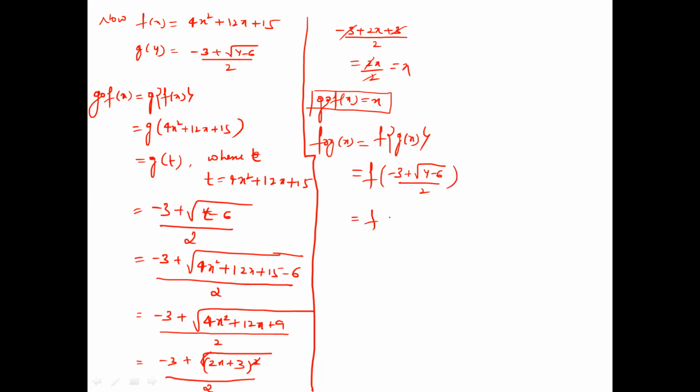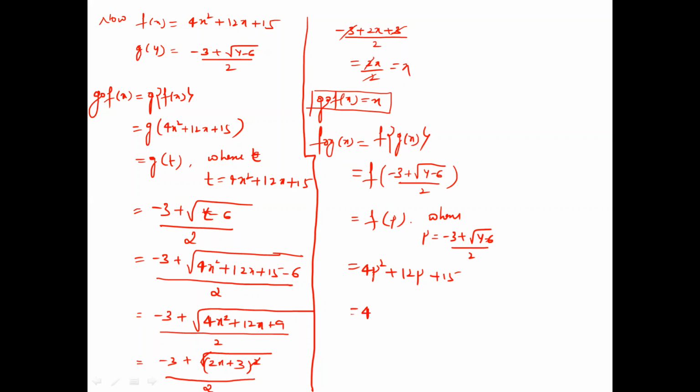Now this whole quantity will be replaced by p, where p equals minus 3 plus root of y minus 6, divided by 2. Now what is the f of p value? It is 4p square plus 12p plus 15. After solving, we'll get the answer y.